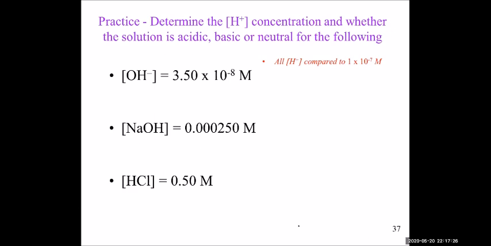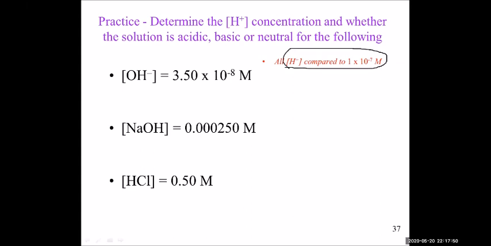And so here are some examples of how to do some calculations. You will see this kind of question back and forth in our homework and online quizzes. To decide whether a solution is acidic or basic, we compare with 10 to the negative 7.